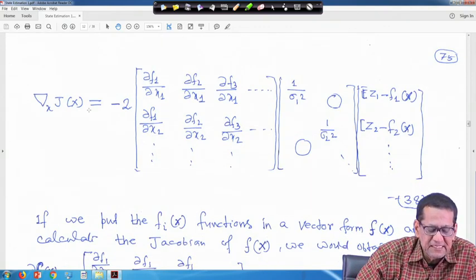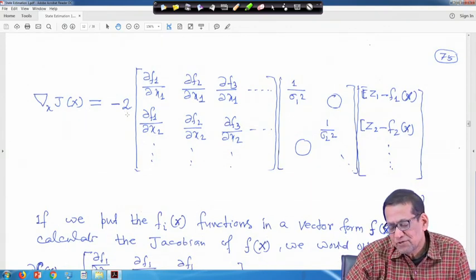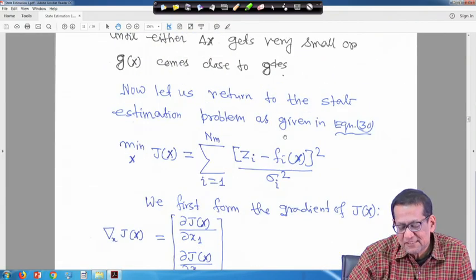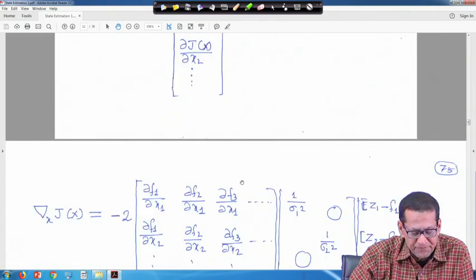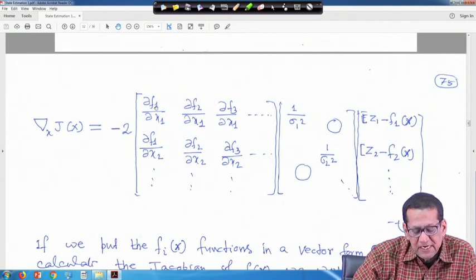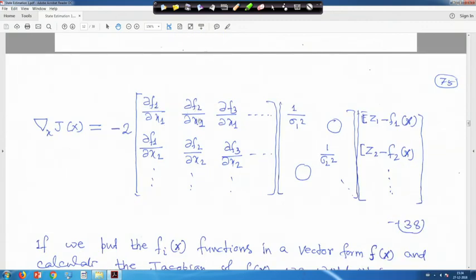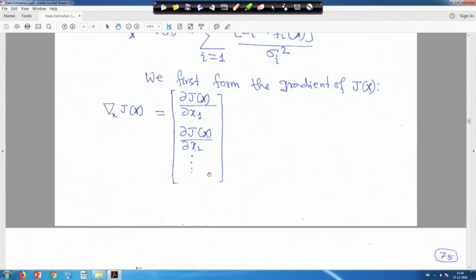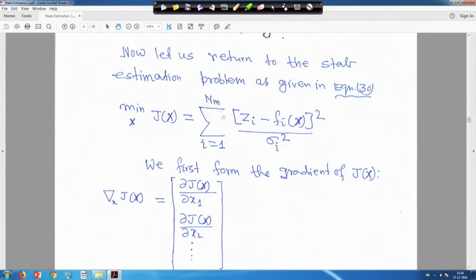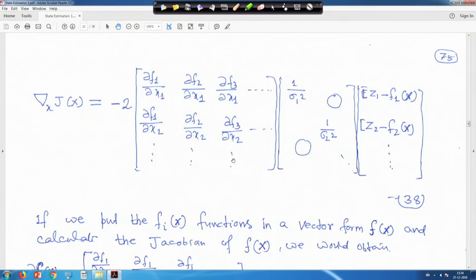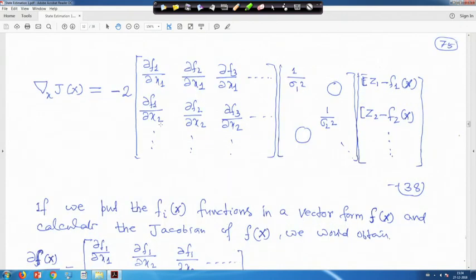then the gradient of J of x can be written with a minus 2 coming out, because of the square. It will be minus 2 into the partial of f 1 upon x 1, f 2 upon x 1, f 3 upon x 1 and so on, going up to n m, the number of measurements. Then the partial of f 1 upon x 2, f 2 upon x 2, f 3 upon x 2 and so on, and it continues.